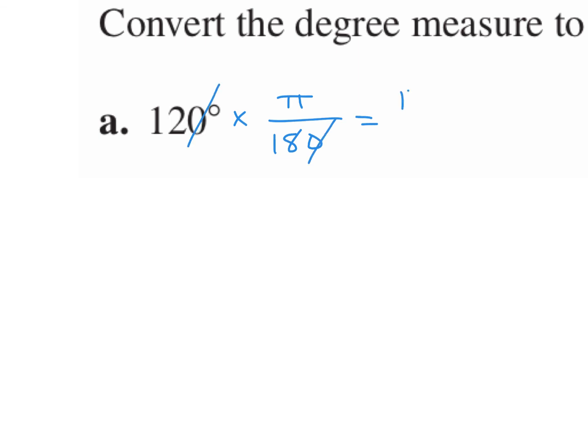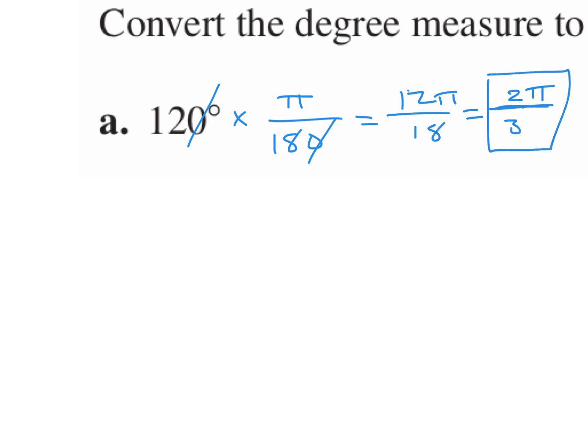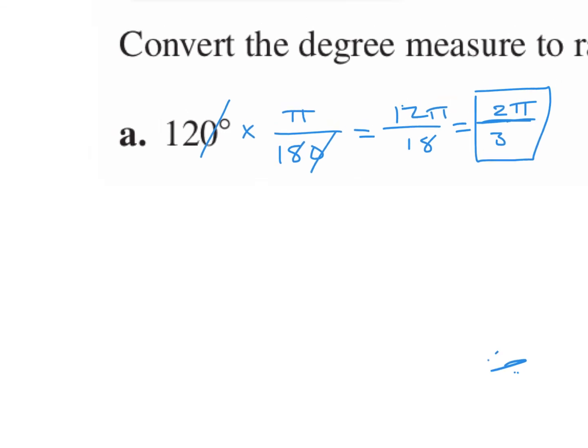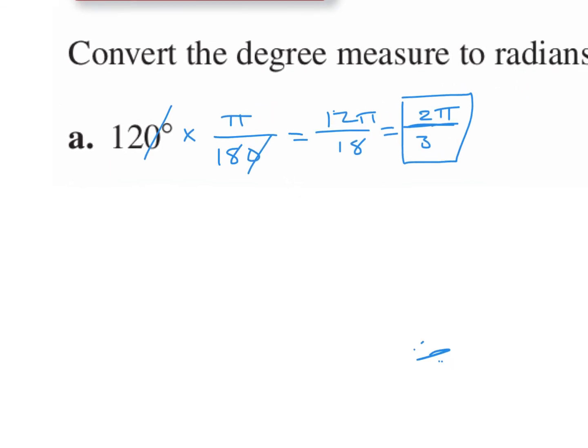So we have 12 pi over 18. We can take a 6 out as well, so divide the top and bottom by 6. So we would have 2 pi over 3. Any questions there?